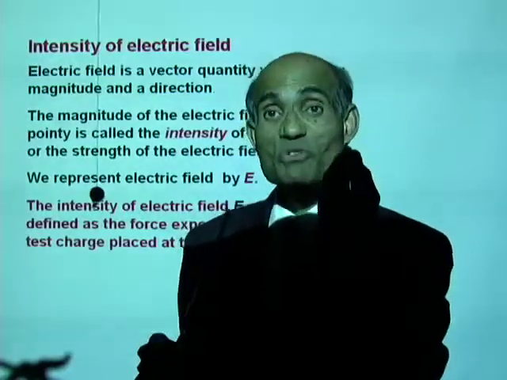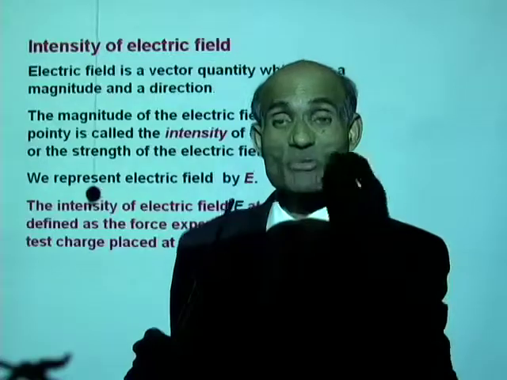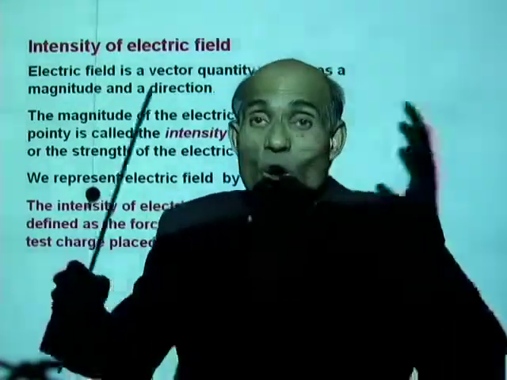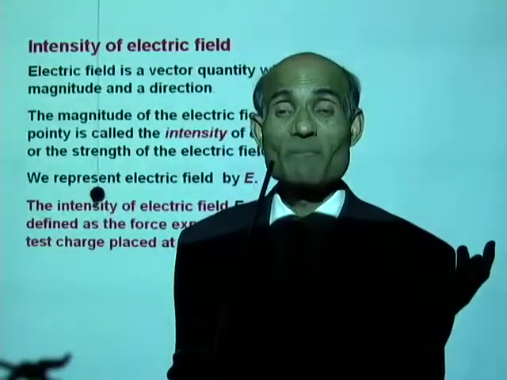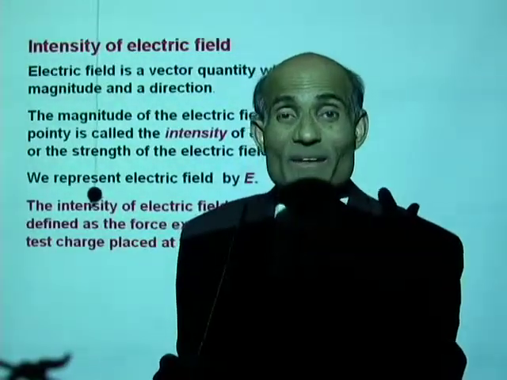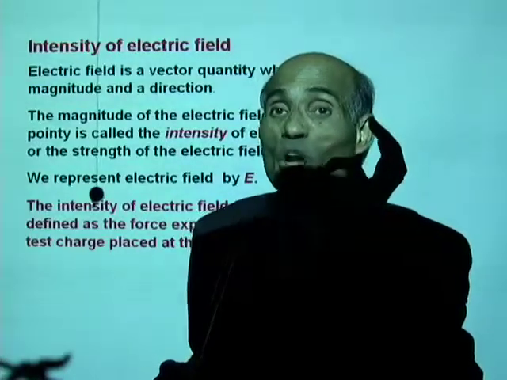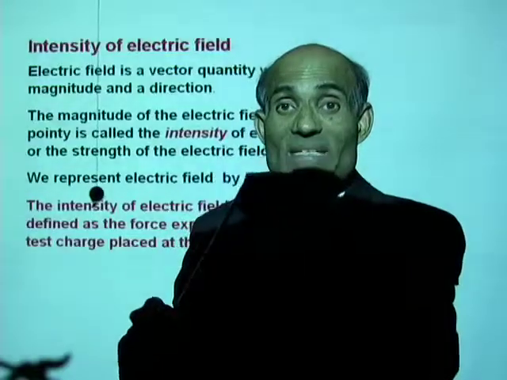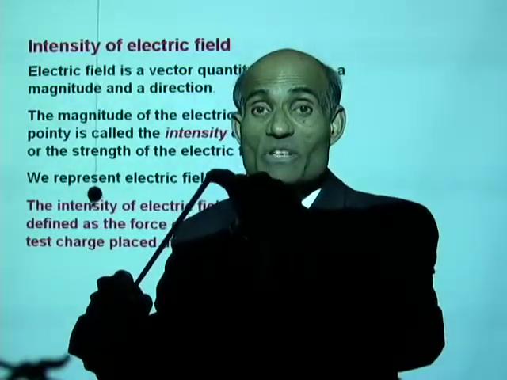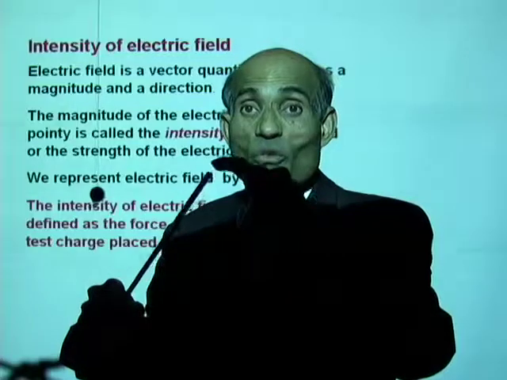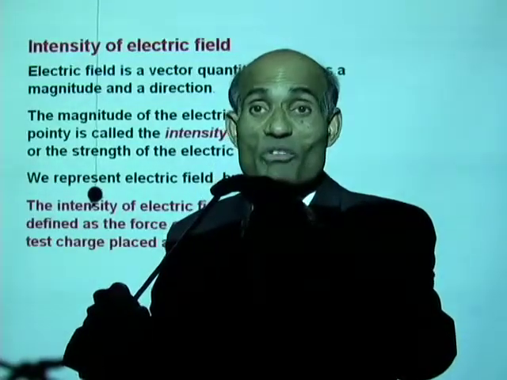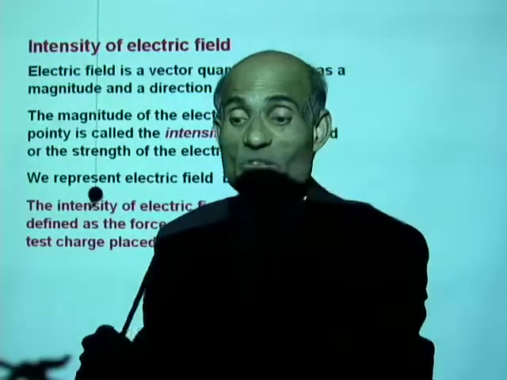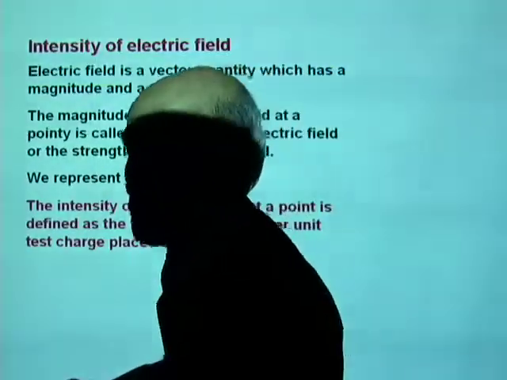Because we have two types of charges, positive or negative, we must choose between them. All over the physics community, it is understood and accepted that we will use a positive charge as a test charge. So if I place a unit positive charge here, the amount of force that unit positive charge experiences will give me a measure of the field intensity at that point.